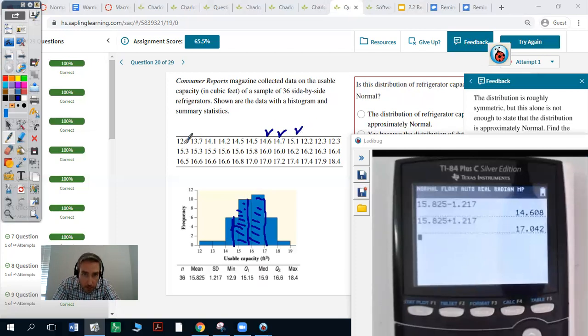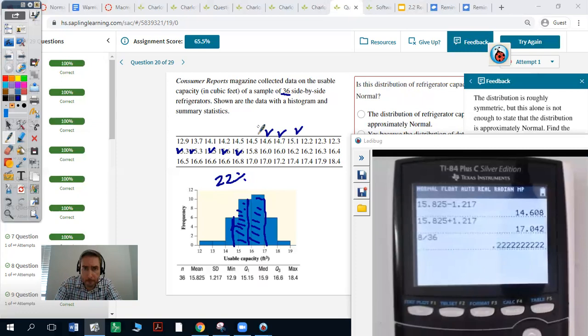No, they're not going in order, of course. So we want to go to 15.8, 4, 5, 6, 7, 8. So it looks like I got 8 out of 36. Now, 8 out of 36, that's like 22%. That's not 34%. So I'm thinking one standard deviation below, I'm only getting 22%.